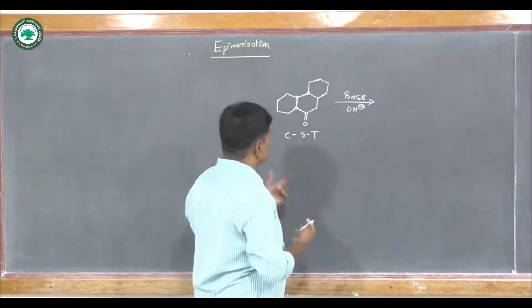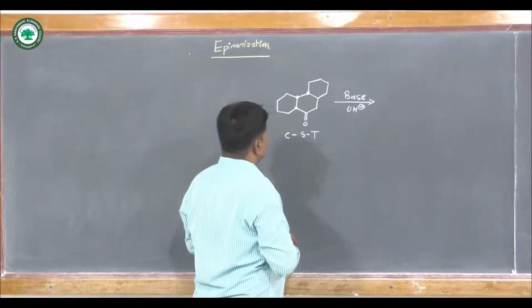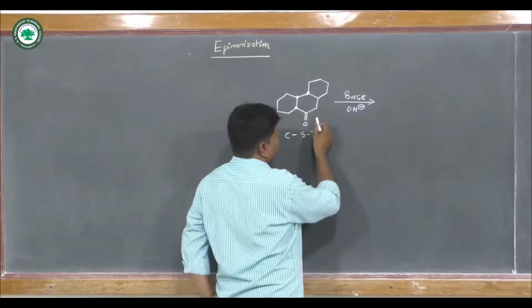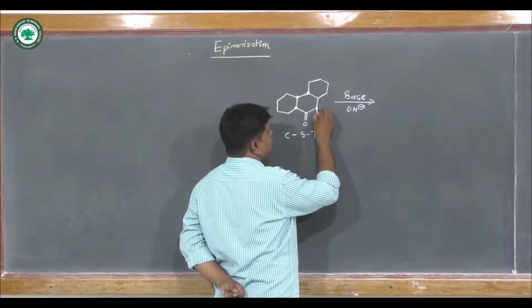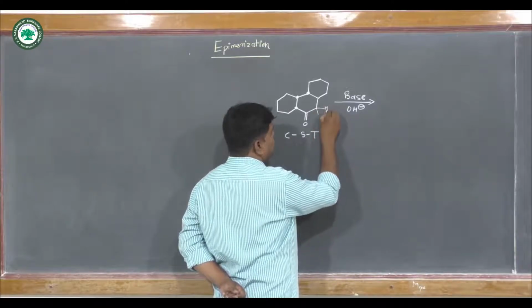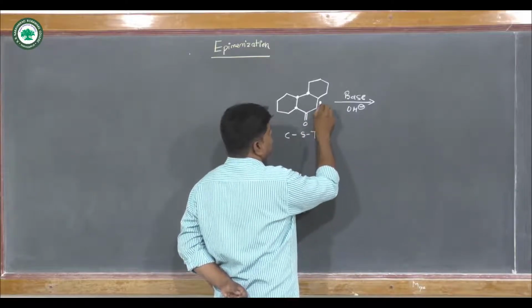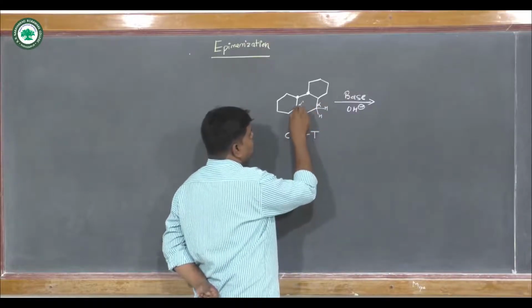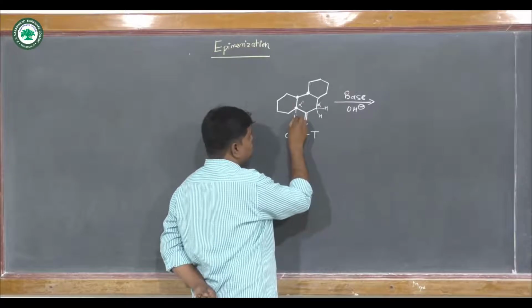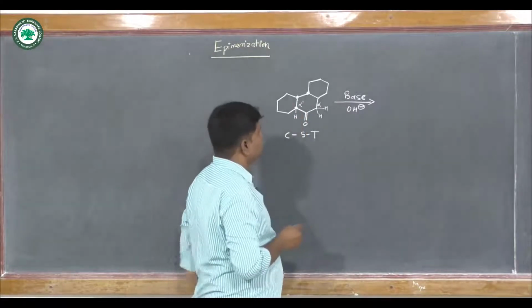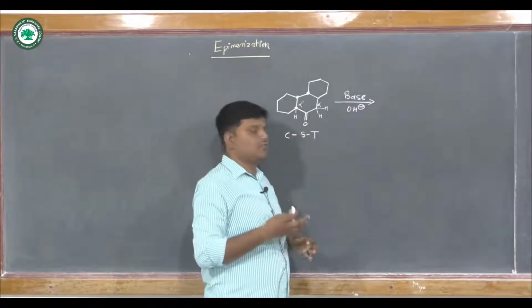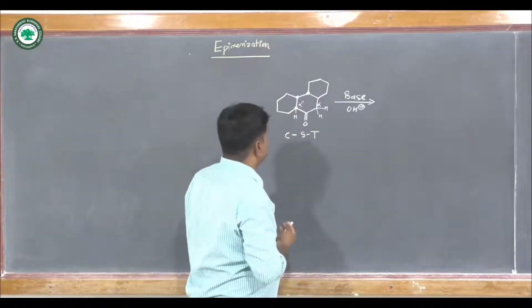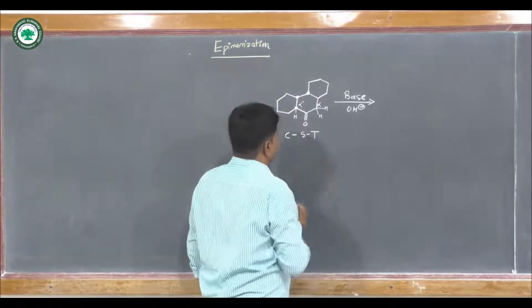Here there are 3 alpha protons: 2 protons on this carbon atom, one alpha and one alpha dash, and 1 proton on the beta side. Out of these 3 protons, 1 will be abstracted by the base.